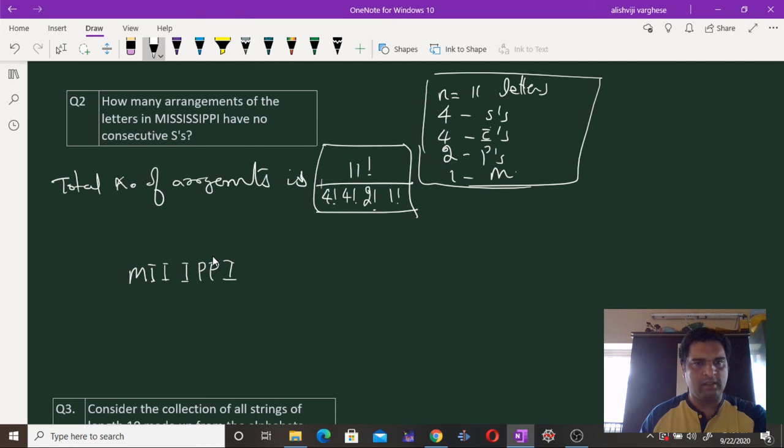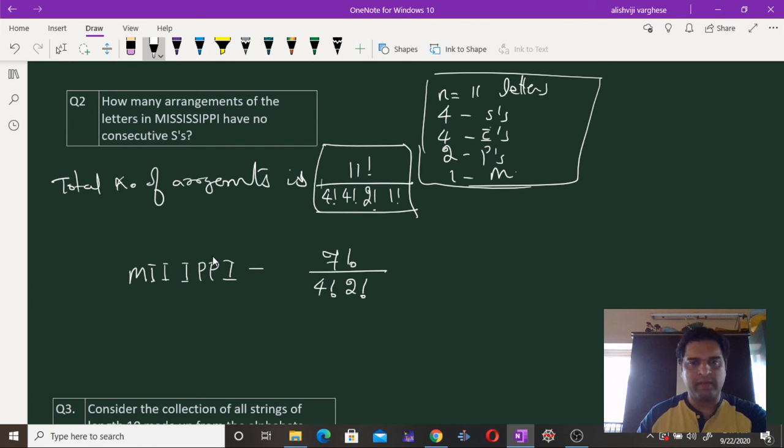And we can arrange all these letters. Here we have 1, 2, 3, 4, 5, 6, 7: 4 plus 2 is 6, plus 1 is 7. So 7 letters are here, and these 7 letters can be arranged in 7 factorial divided by 4 factorial, since I is repeated 4 times, 2 factorial, since P is repeated 2 times, then M is repeated 1 time, so 1 factorial, which is equal to 1.